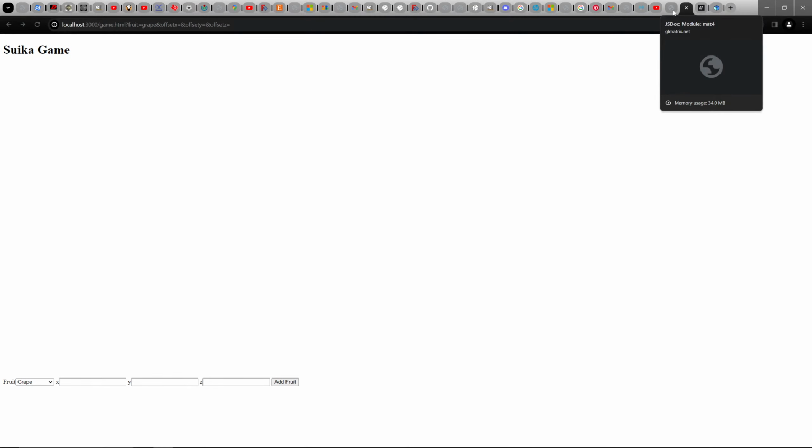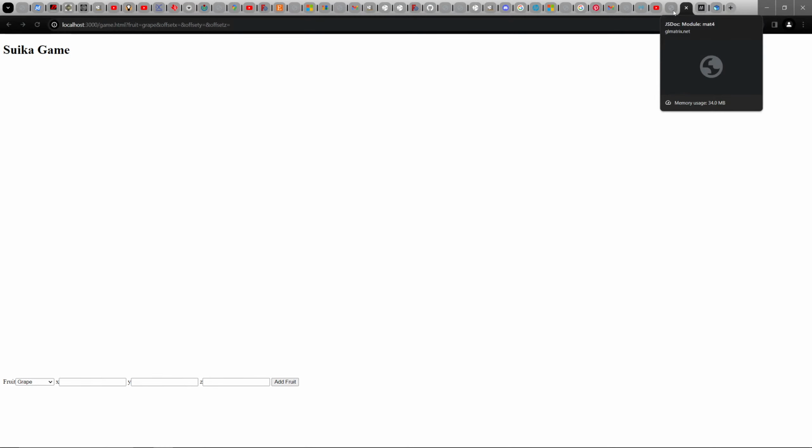So the two JavaScript files I'm mainly working with are these two, game.js and modules.js. I might end up refactoring them or combining them later on once I get the entire thing working. But yeah, so this is what I got so far.